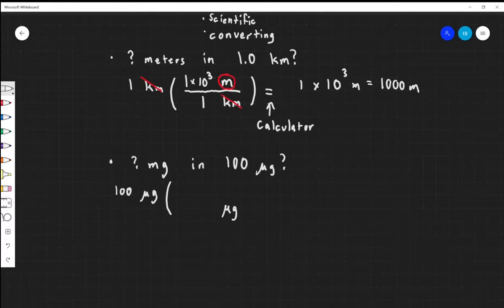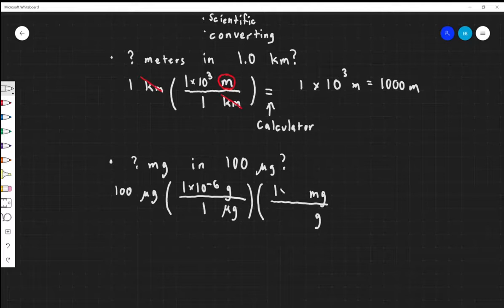I'll get rid of the micrograms, and I'll convert those into just plain grams, because I know there's 1 times 10 to the negative 6 grams in 1 microgram. I can read that right off of my prefix chart. And then I can convert this grams, because I want to get rid of grams and get this into milligrams. So I need to convert my grams into milligrams, and I know there are 1 times 10 to the negative 3 grams in 1 milligram.